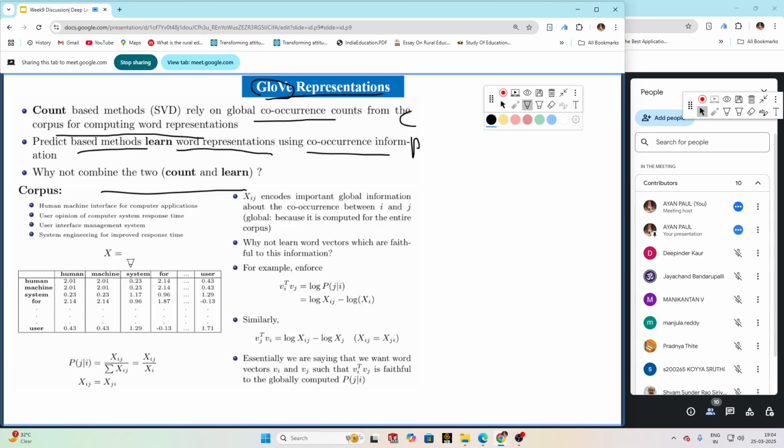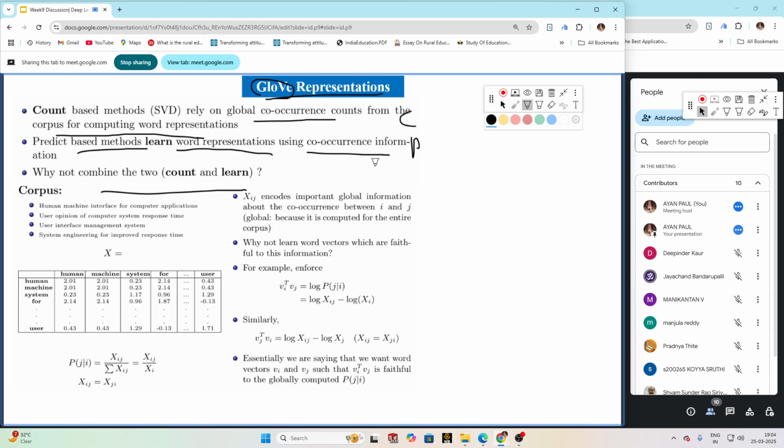What we do in the predict based method is, we are given a set of words and we are interested in learning the next word. What will be the next word that comes after the given set of words? So when we merge both, the count based method and the predict based method, we arrive at the model known as GloVe model or GloVe representation.